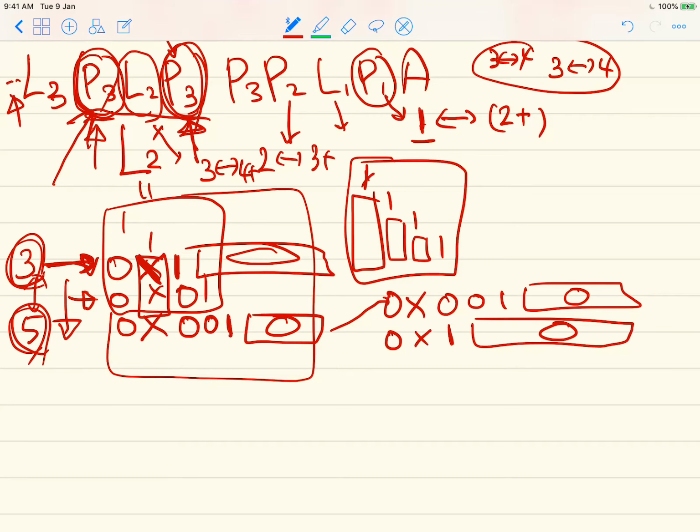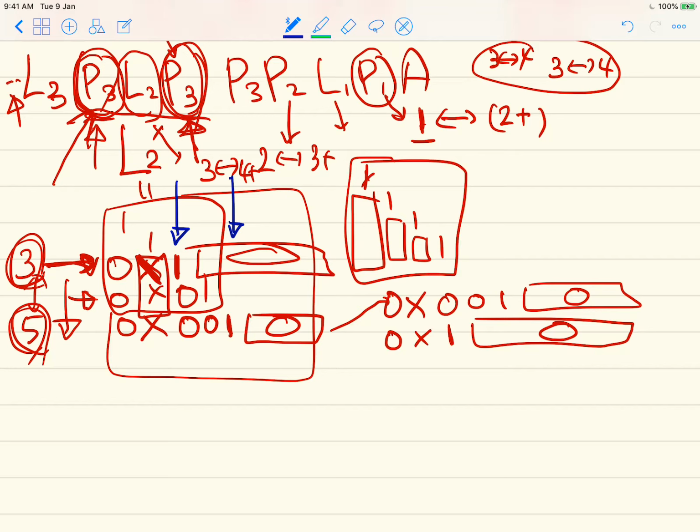And then let's also change the third and the fifth column. Okay, so in this case, we will change this column and this column, right?